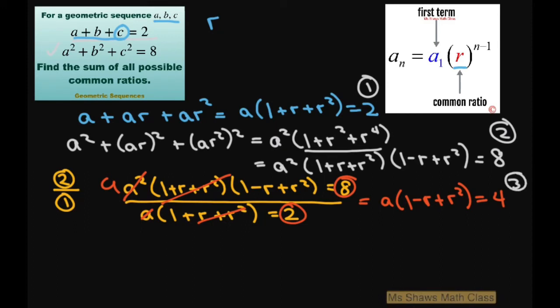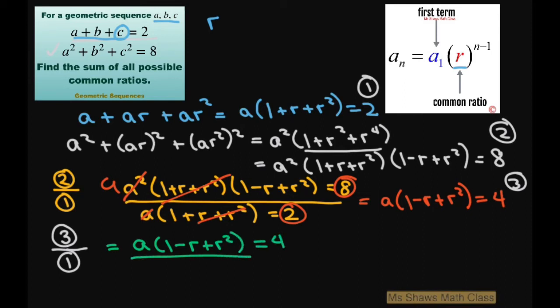And finally, we're going to take equation 3 and divide by equation 1. So equation 3 is a times 1 minus r plus r squared equals 4, and equation 1 is a times 1 plus r plus r squared equals 2.